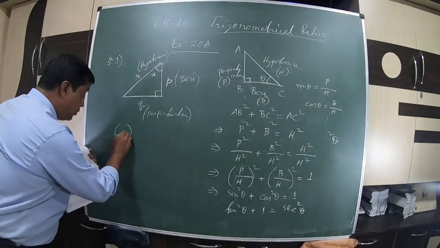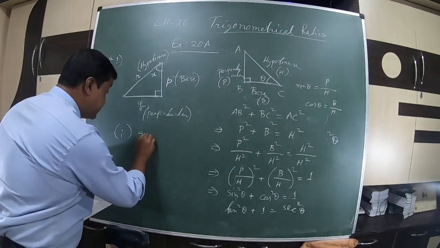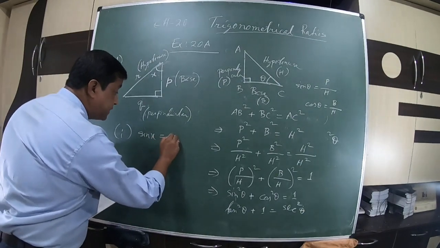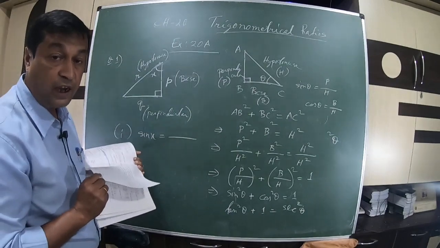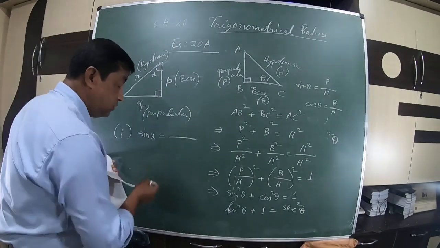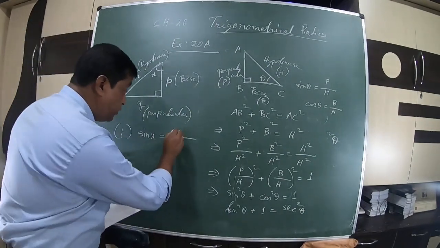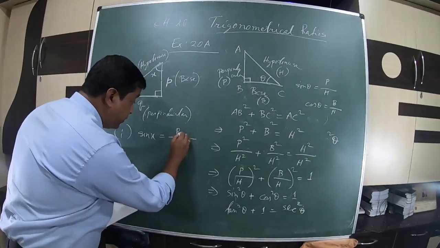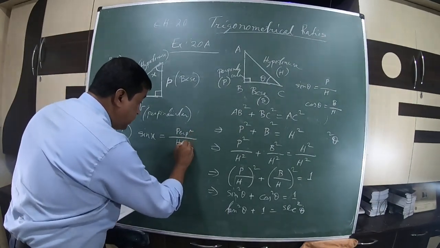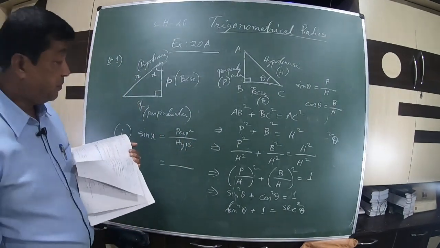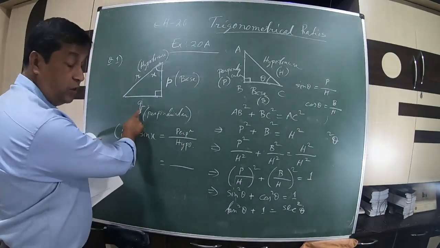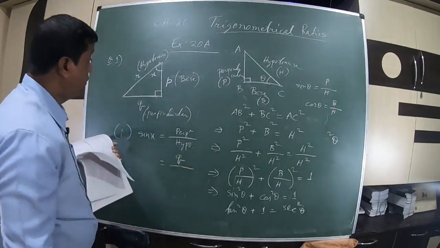Now what is Roman number 1? Sin x. What is the ratio sin? That is perpendicular by hypotenuse. Because you are learning for the first time, it is better to write down P by h, that is perpendicular by hypotenuse. What is the perpendicular here? The value given here, Q. What is the hypotenuse?